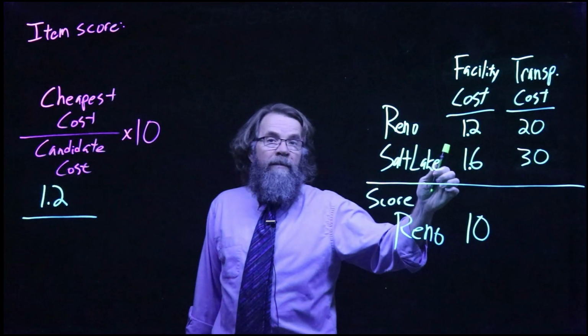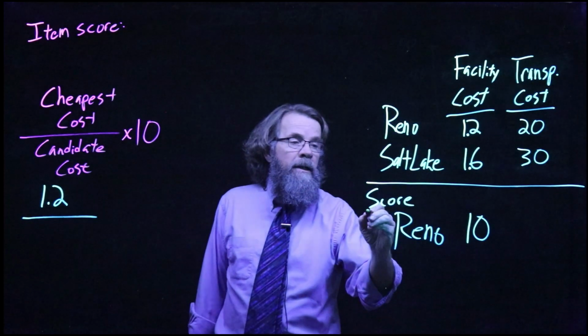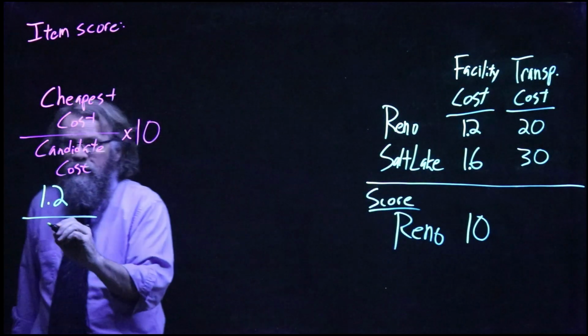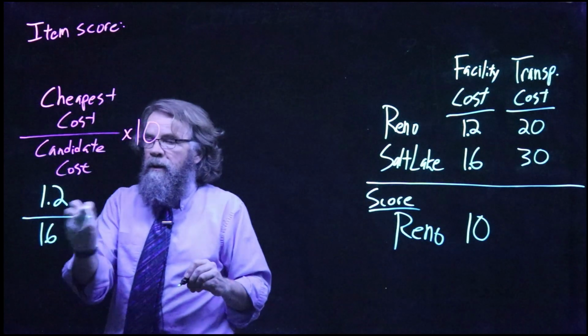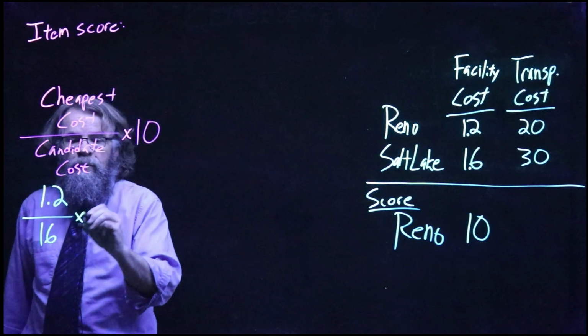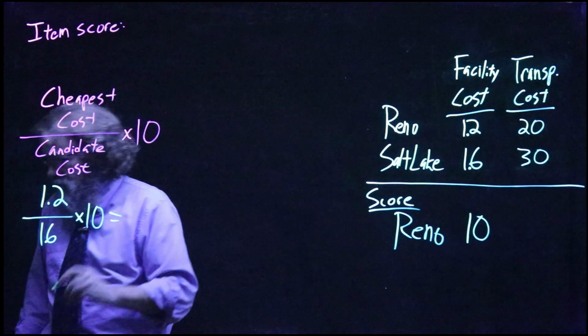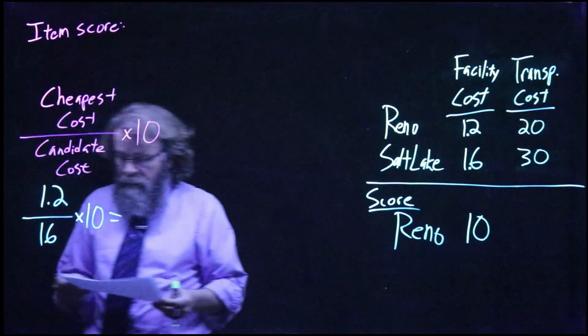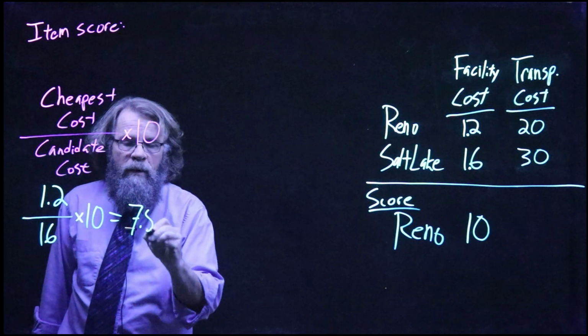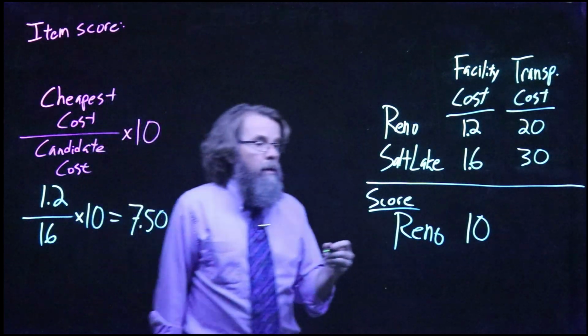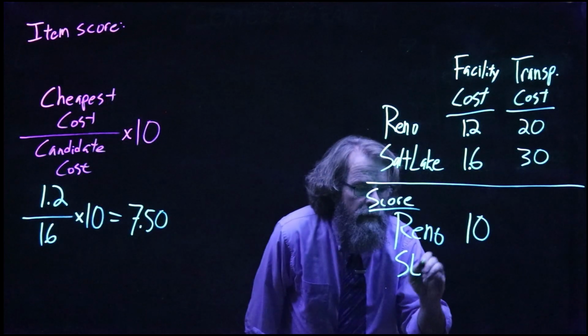And to get the score for Salt Lake City, we're going to take its cost, $1.6 million, and divide that into the $1.2 million and multiply that by 10, unless I do the math wrong in my head here. That's going to give Salt Lake City a score of 7.5.